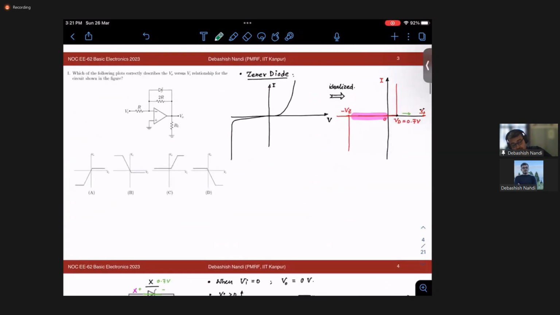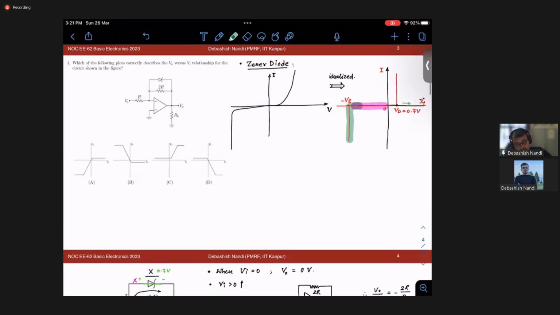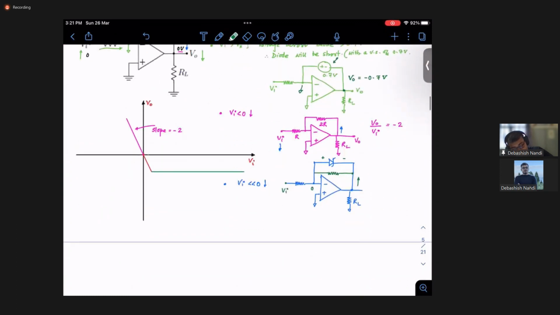Now let's move on to this plot. If I keep increasing to this side, at some point the voltage across this is set to minus Vz, and then I will have Zener breakdown. When I have Zener breakdown, I have an infinite amount of current.